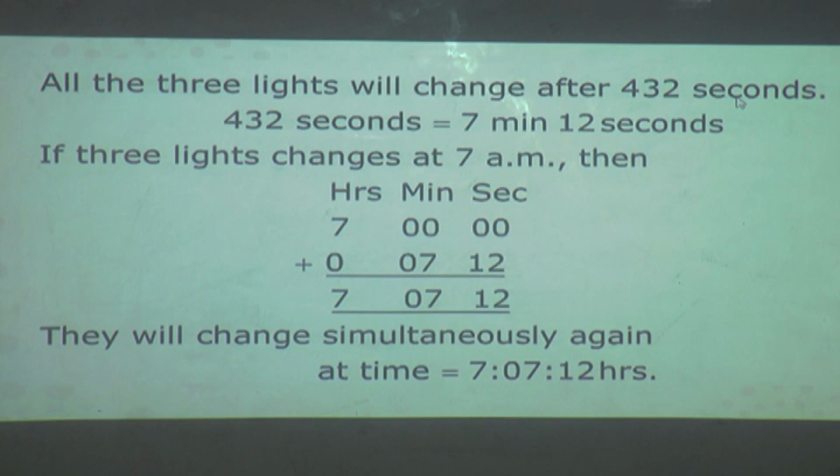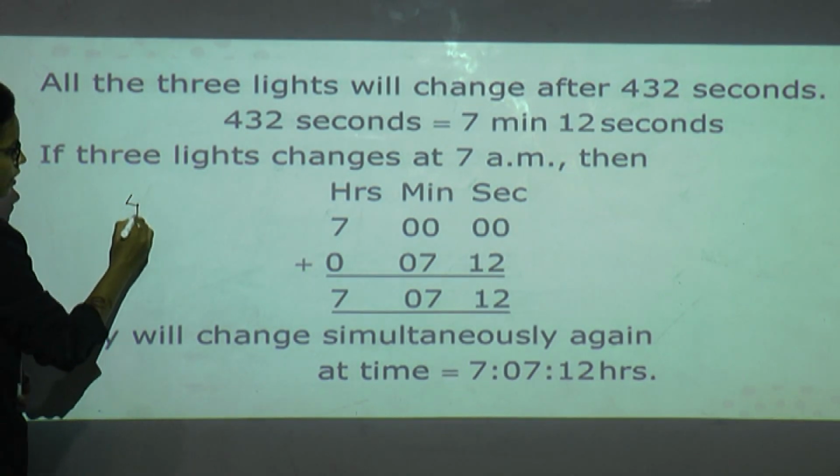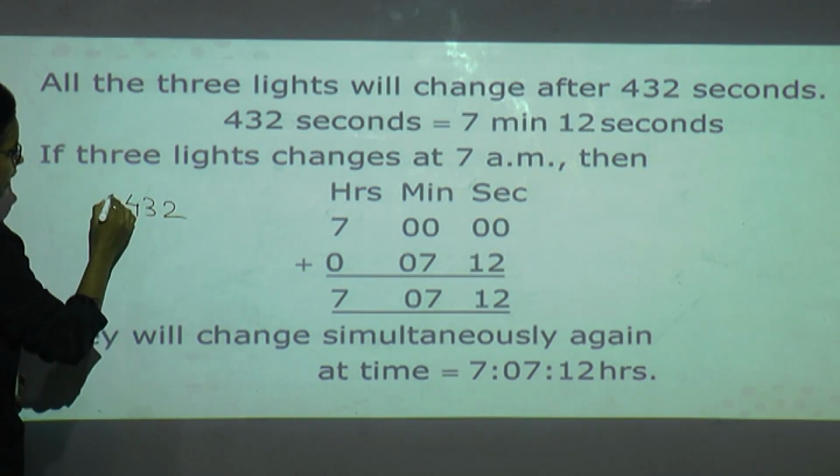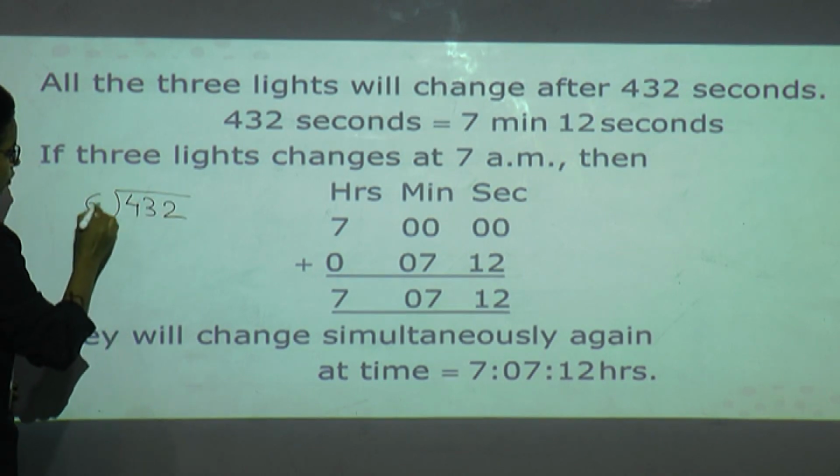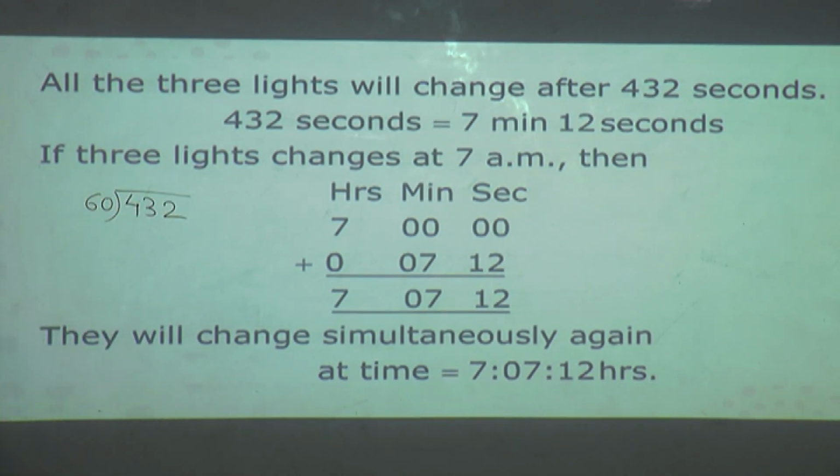After 432 seconds. What is 432 seconds? It means 7 minutes and 12 seconds. How did we get 7 minutes and 12 seconds? So let us see that. So 432, we have to divide it by 60. Why do we have to divide it by 60?